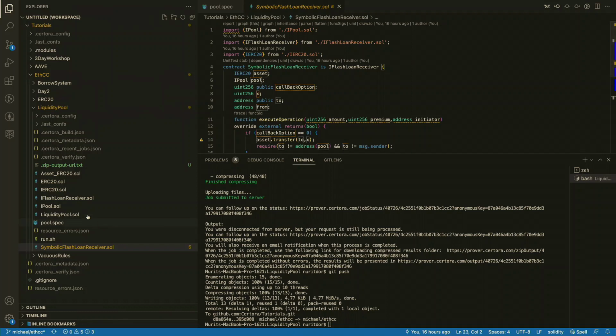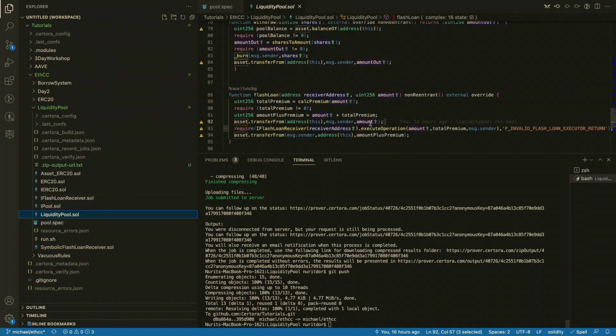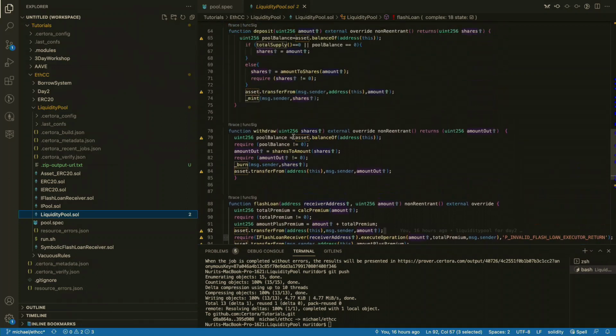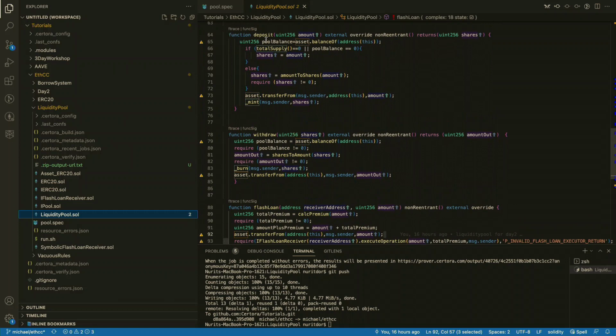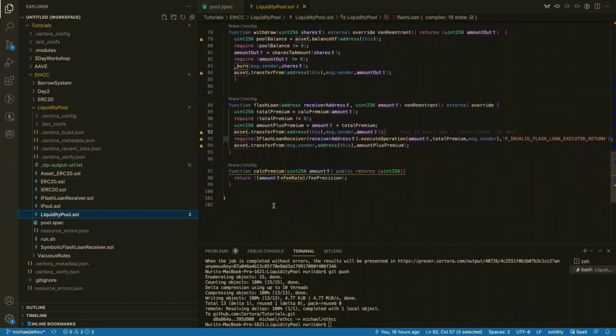Okay, back. Sorry. So we have the liquidity pool contract. It basically has three main functions: the deposit, the withdraw, the flash loan. And these are the functions that we actually should write properties for.